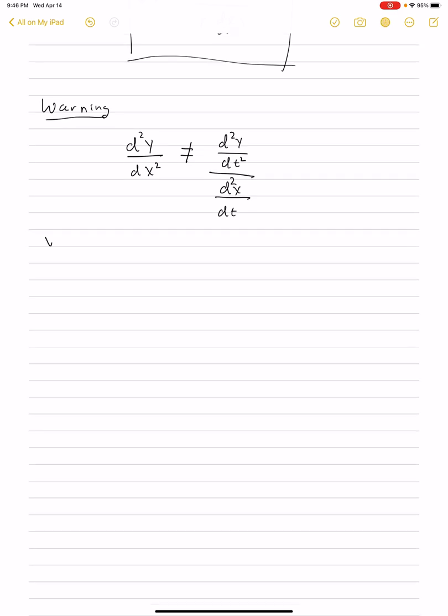Let's verify. But before I verify, let me give you the correct formula, as that will be part of our verification.